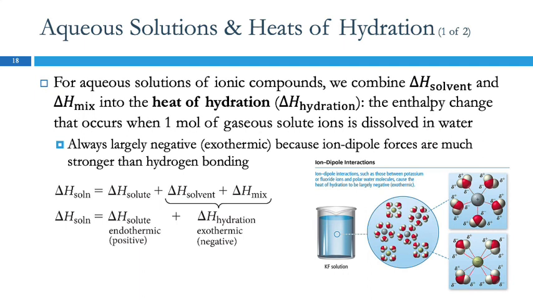This heat of hydration is always going to be negative and quite a lot negative. It's going to be exothermic because when these ions and water molecules come together, they're going to experience ion dipole forces, which are a lot stronger than the hydrogen bonding that the water is giving up.